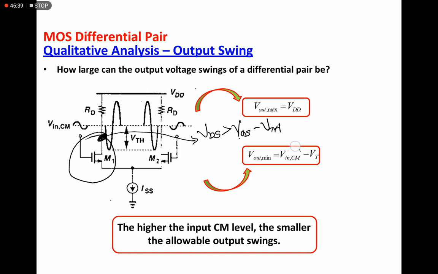That's why if we give some common mode signal, the drain output Vout minimum is VGS minus VTH, or VCM minus VTH. So the common mode signal will limit the output swing of the differential amplifier.